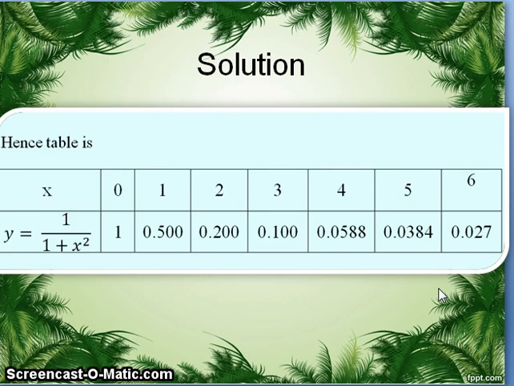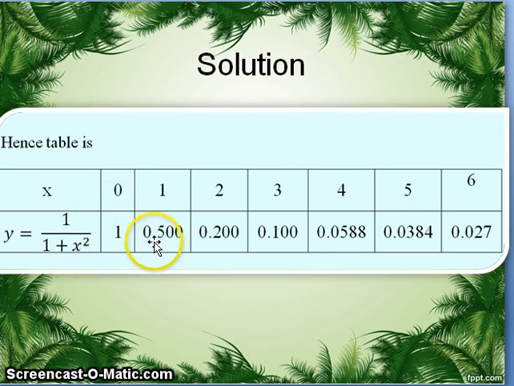After finding the x value, you want to find the y value. Here the y value is given by the function, that is 1 divided by 1 plus x square. In this term, you substitute the corresponding x value. For the first term the corresponding x value is 0, so you get the value 1.